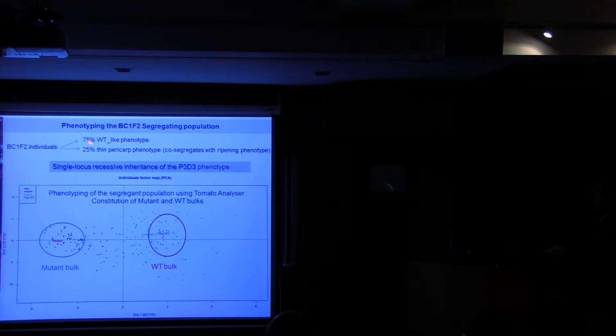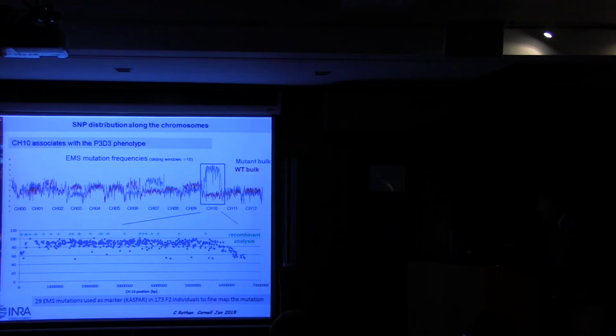We had the expected segregation, where 25% had the thin pericarp phenotype that co-segregated with the ripening phenotype. Then we constituted different bulks, for example, analysis of different traits, principal component analysis, bulk, and we sequenced.